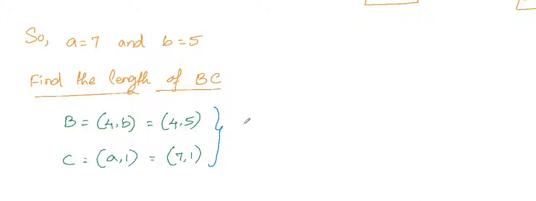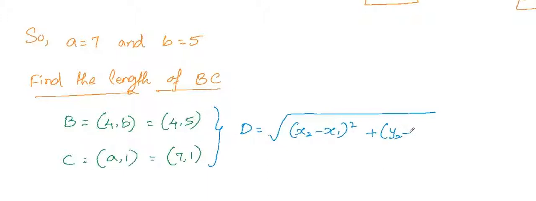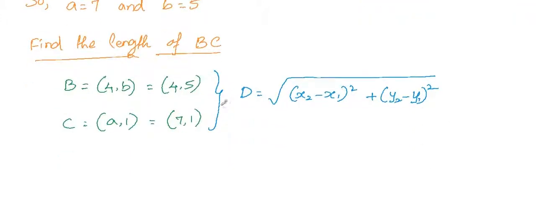To find the length, we just need to use the distance formula. The distance formula is the square root of (x2 minus x1) whole square plus (y2 minus y1) whole square. So let's assume (4, 5) and (7, 1) are the x1, y1 and x2, y2 values.